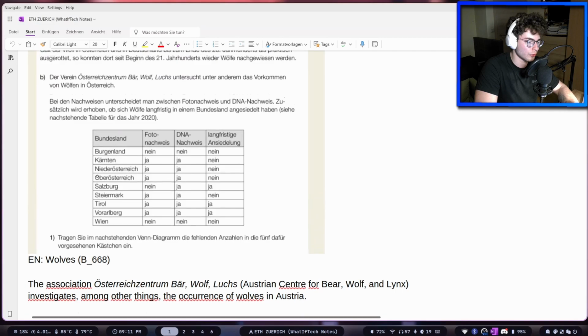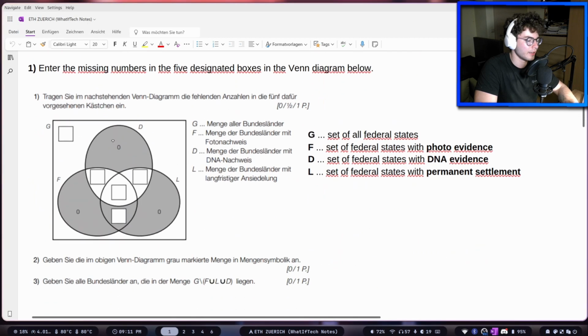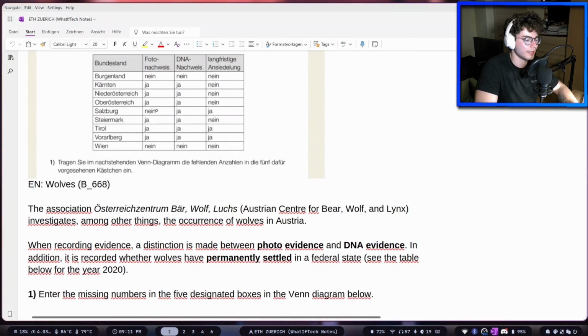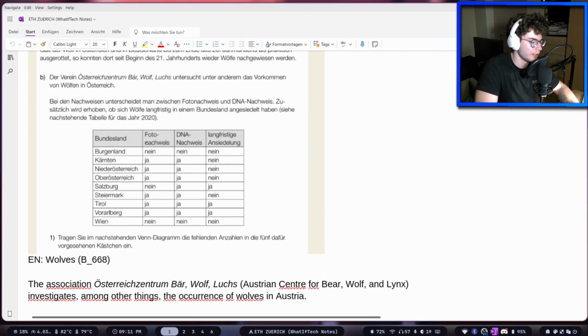So we're going to go back to the table and we're going to remember the rows which have the sets D, which is DNA evidence, and F, photo evidence, set to yes, or ja in German. So Kärnten has yes, 1, 2, 3 and 4. Because these have all 3 set to yes, these are in another set.